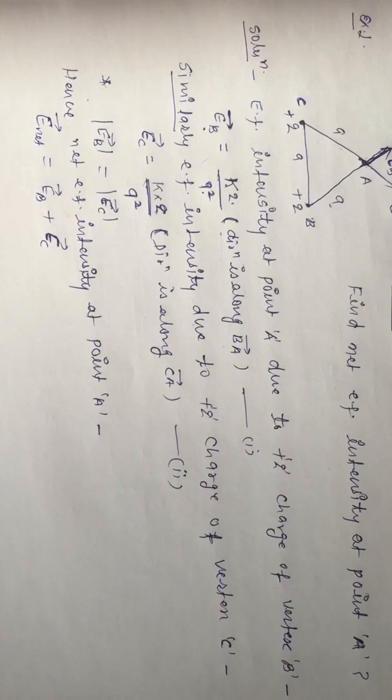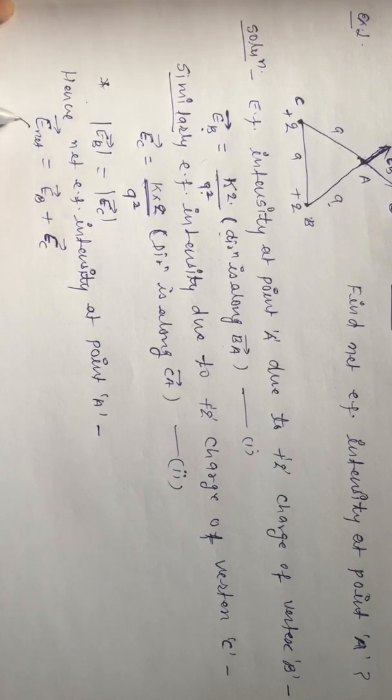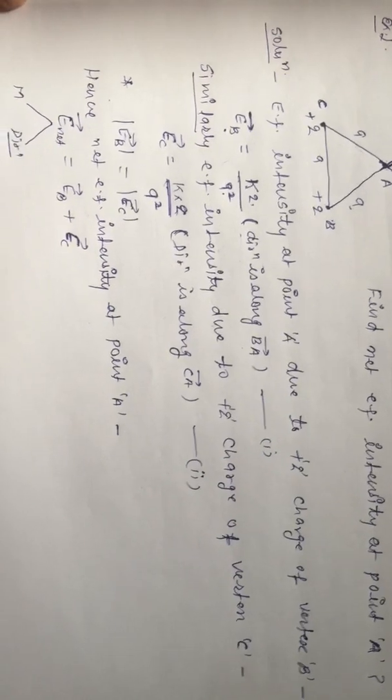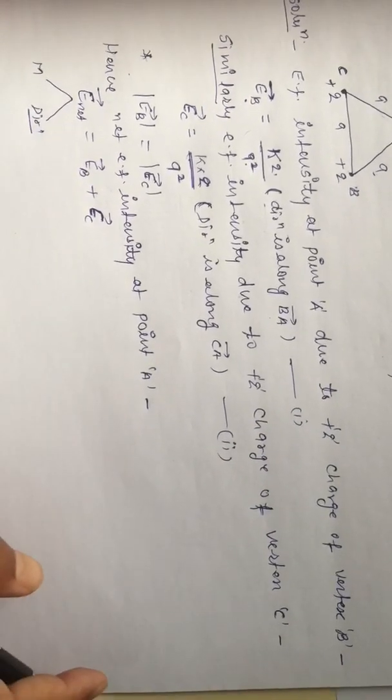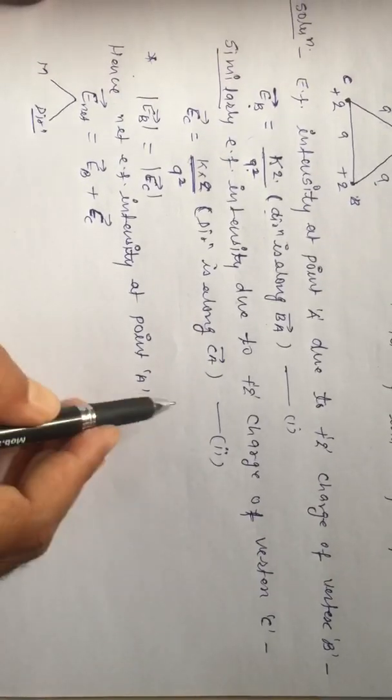Any problem? This net electric field intensity has both magnitude as well as direction. At first we will find out the magnitude, then we will find out the direction.